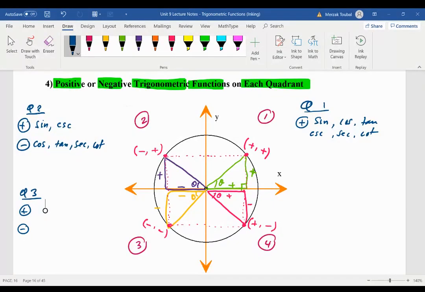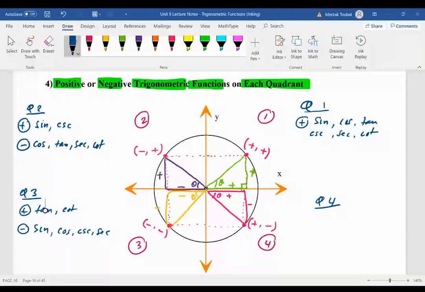Let's put a minus, so sine is negative. The cosine is adjacent over the hypotenuse, so that's also negative because adjacent is negative. Tangent is opposite over adjacent, so minus over minus, which is plus. So tangent is positive. So we have sine, cosine, and tangent, which means the cotangent is also positive, and cosecant and secant are negative.